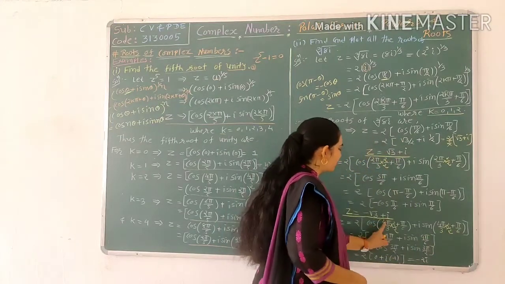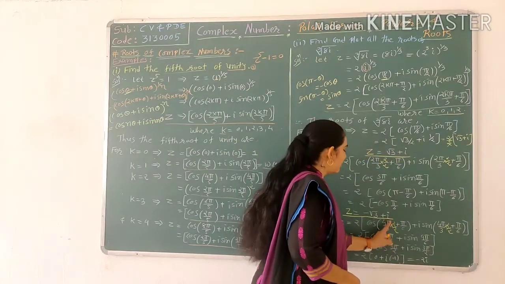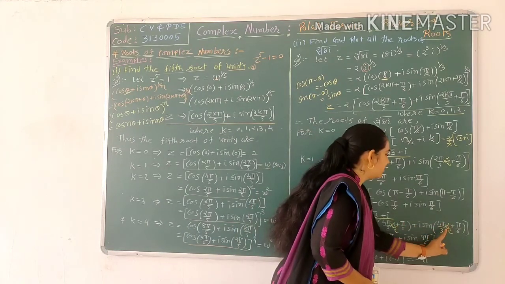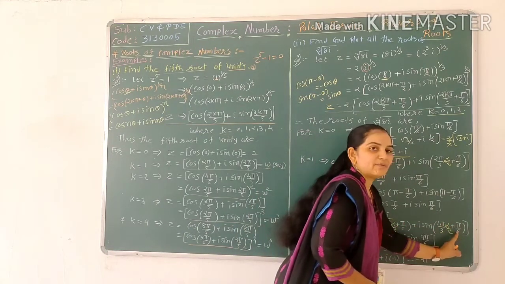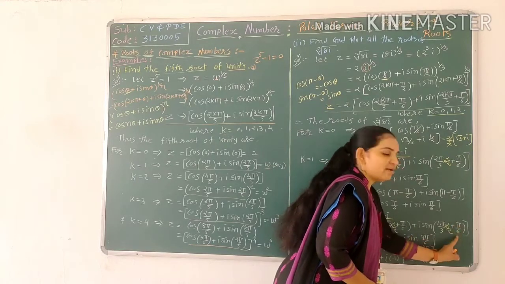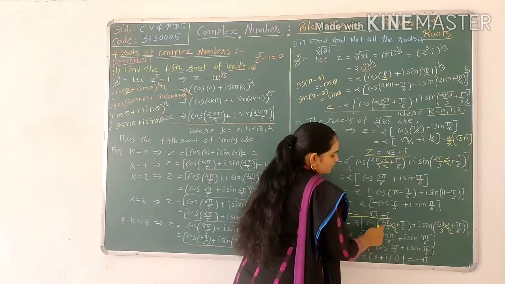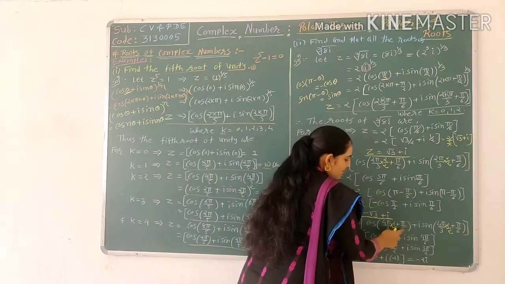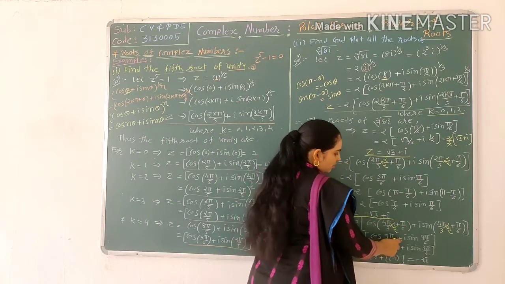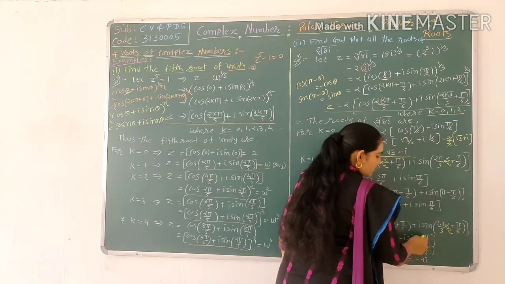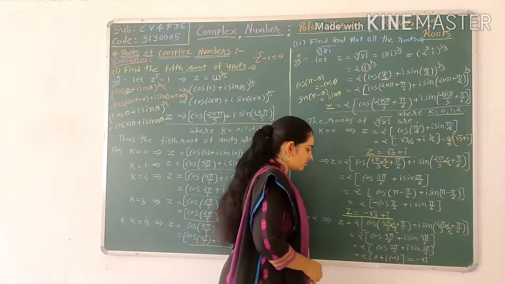Therefore, 4 into 2 is 8π/6 plus π/6. So z = 2[cos 9π/6 + i sin 9π/6], since 8π/6 plus π/6 is 9π/6.